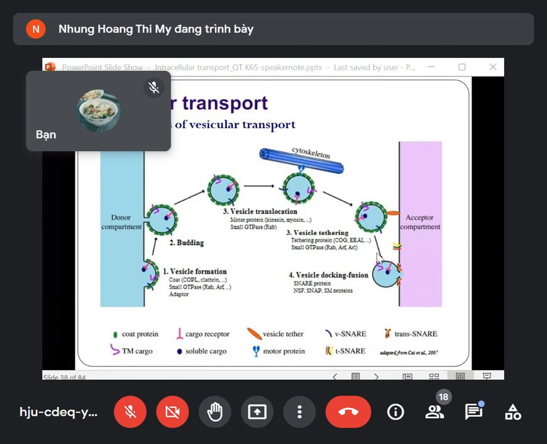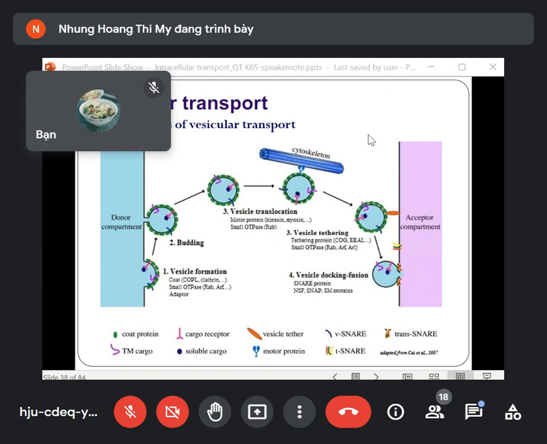And after the tethering is finished, the fourth step will take place, and the fourth step is vesicle docking and fusion. That means the vesicular membrane will be fused with the membrane of the acceptor compartment, and during the fusion, all the cargo protein will be pushed into the acceptor compartment or located on the membrane of the acceptor compartment.